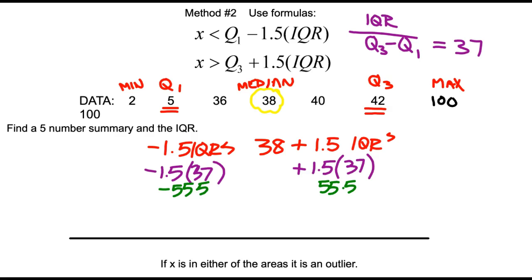So I believe that's 93.5. So 93.5 on the high end. And on the low end, I think we get into negative what? On the low end.